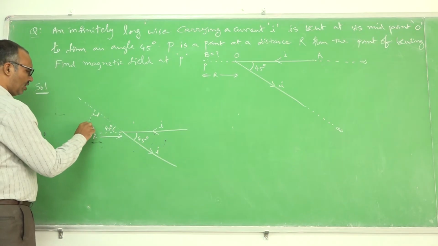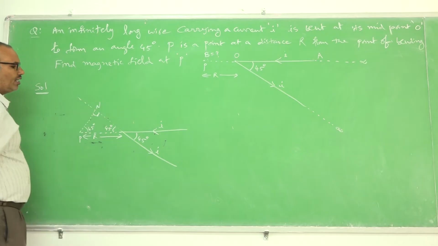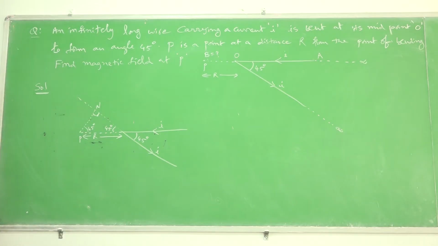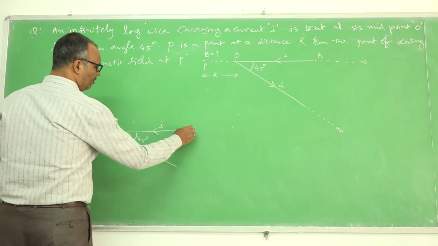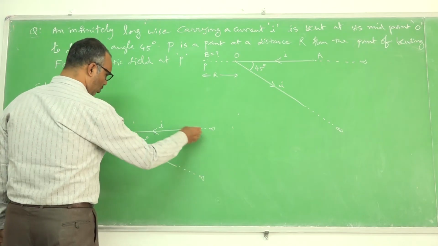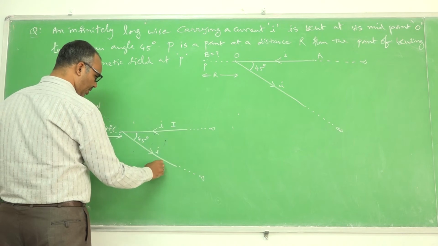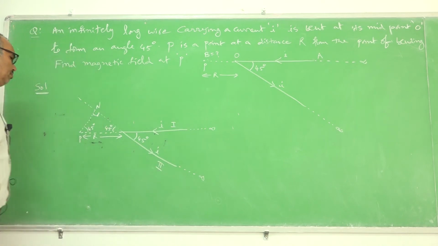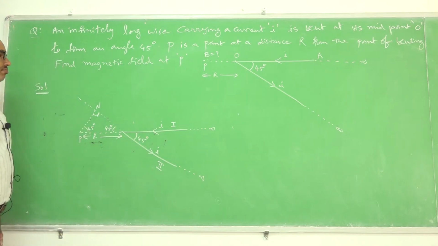Foot of the perpendicular, let me name it as N. If you consider this conductor as a combination of two wires, this is the first part of the wire, this is the second part of the wire. Magnetic field at this point is because of the two parts.